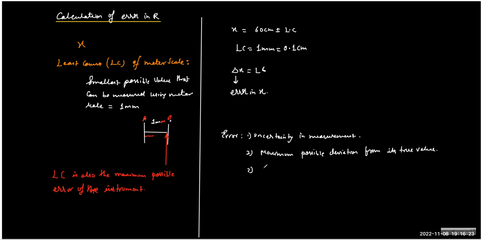Third point, error is always positive because we talk about deviation. It could be on the right, it could be on the left of a number. Deviation means the value by which you oscillate. And when it comes to an instrument, the error of an instrument is well defined by its least count.